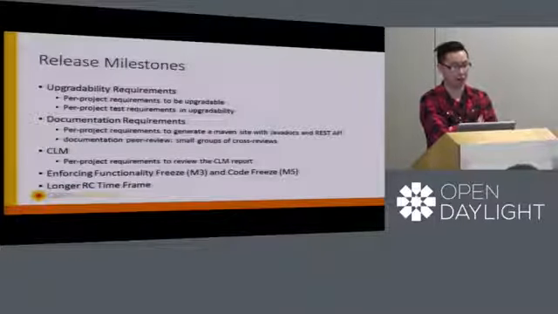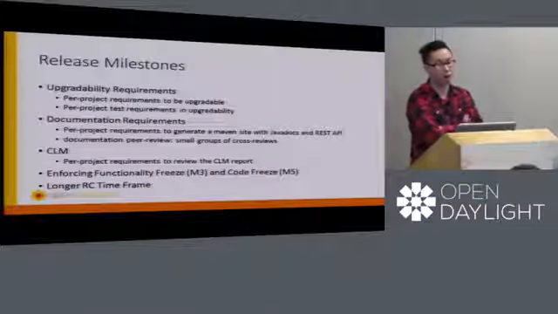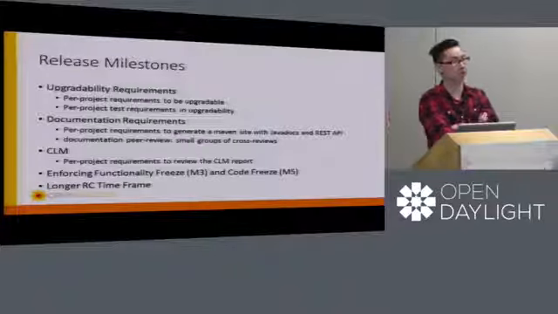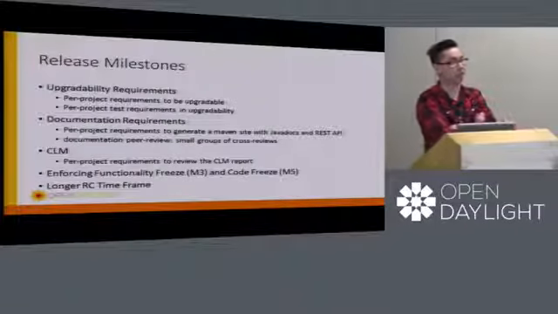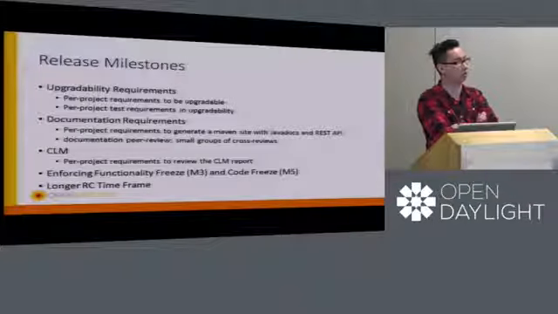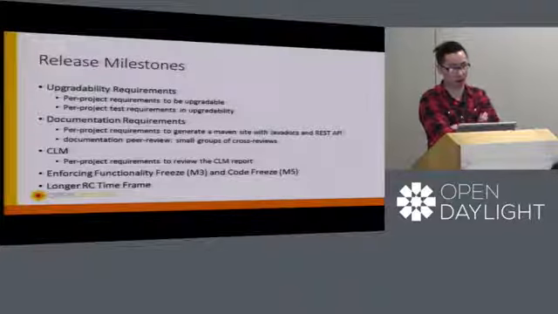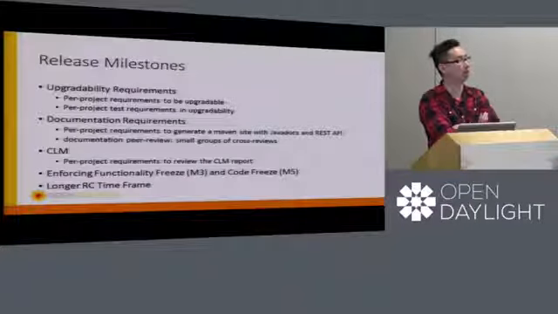There was also some discussion about adding documentation requirements for projects to generate Maven sites. In Beryllium, there were a couple of projects, including Yang Tools, right, that were at least generating a Maven site with their Javadocs and REST APIs. Yeah, it's just Javadoc and Javadoc API.